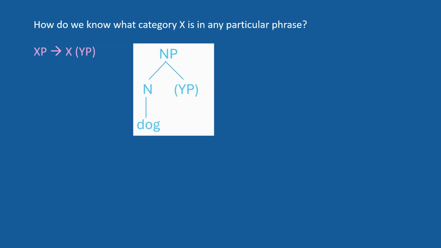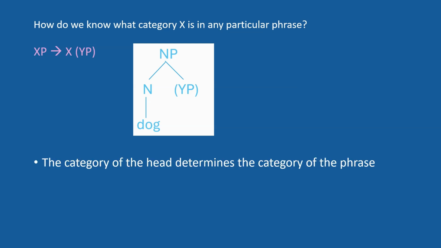So what we can see here is that it's the category of the word of the head, sitting in the head position, that determines the category of the whole phrase. Now, this process, this relationship between the words that occupy these positions and the categories that get infiltrated, as it were, into the structure is known as projection.